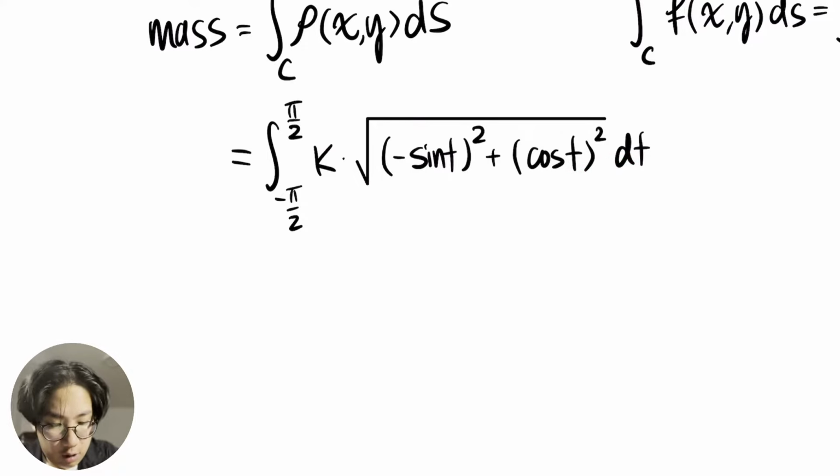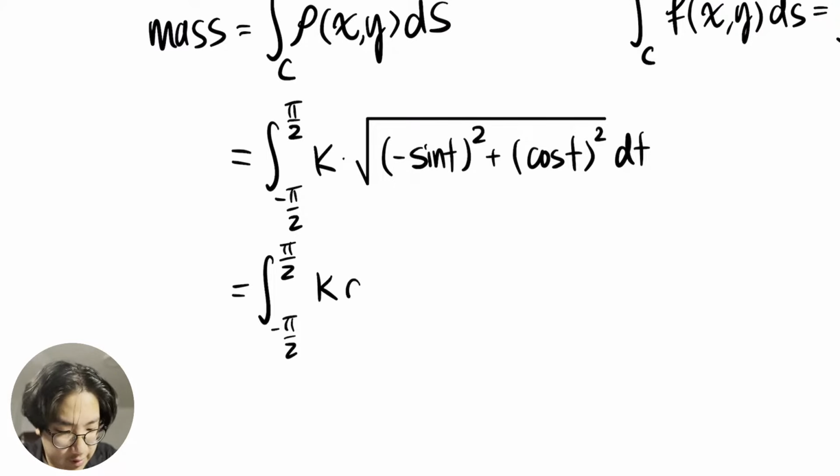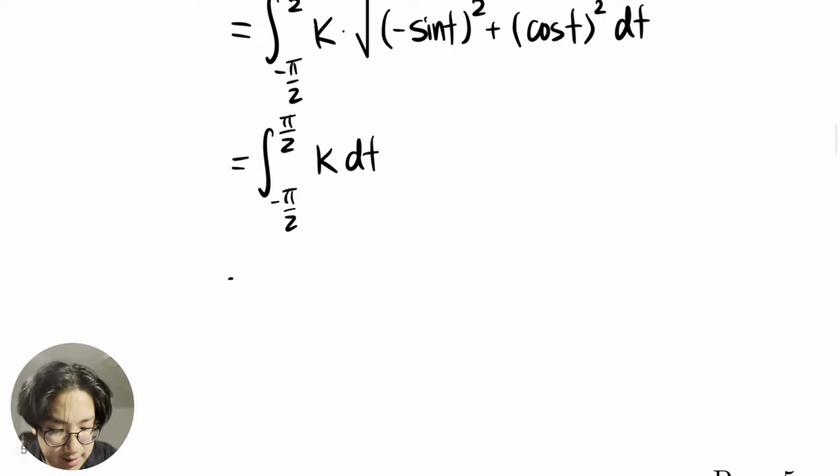So all we're really left with now is the integral from negative pi over 2 to pi over 2 of just k dt. Obviously k is a constant, so we can pull it out. We basically just have k, and the integrand inside is just 1.